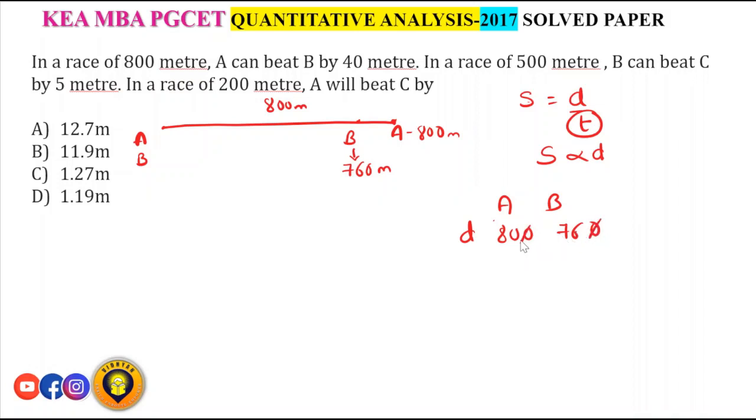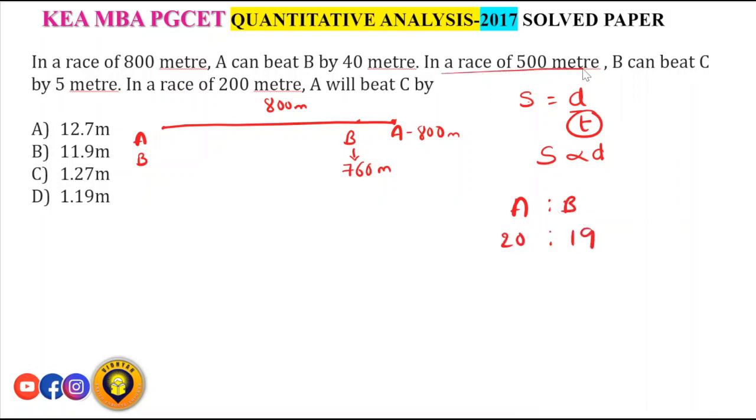If you take the ratio, 40 times 20, 40 times 19. So the distance ratio is 20 is to 19, and the speed ratio will also be 20 is to 19, because distance and speed are directly proportional. Got it? So the speed or distance ratio between A and B is 20:19.